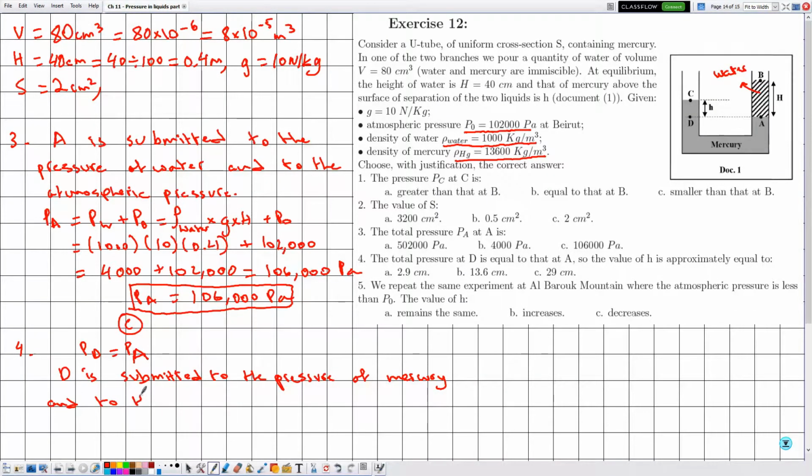So this statement is important and they usually give it half a mark. So the pressure at the point D is equal to the pressure due to mercury, let's denote this pressure by PHG, plus the atmospheric pressure, which is denoted by P0.